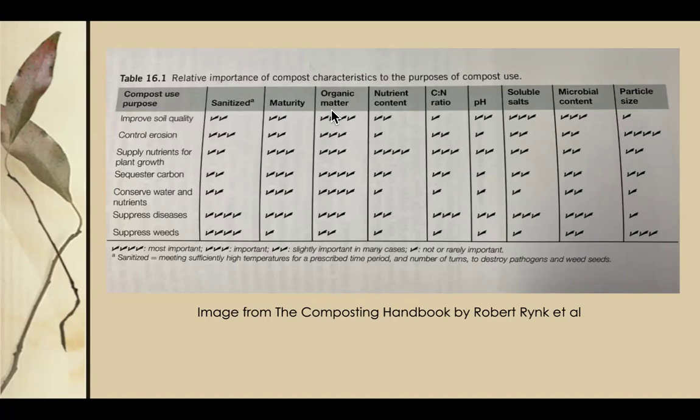Organic matter is really the most important part of that. Whereas if you are trying to supply your nutrients, then your nutrient content is going to be a big deal, obviously. Your pH, your C to N, and the availability of those nutrients are also going to matter. So this is just a cool chart that gives you a nice visual of how these characteristics interact with the soils that are receiving them.